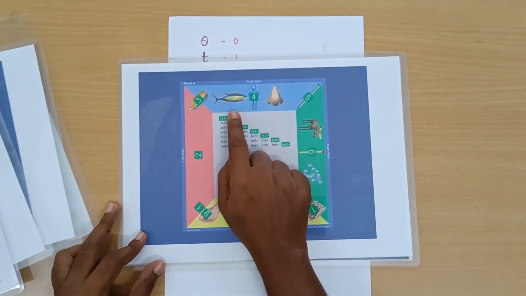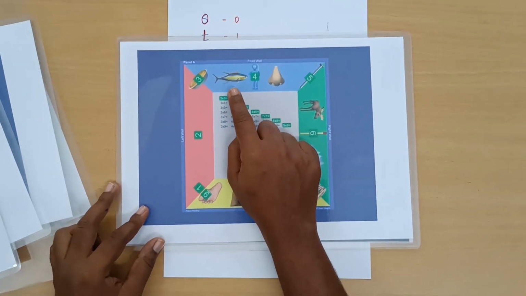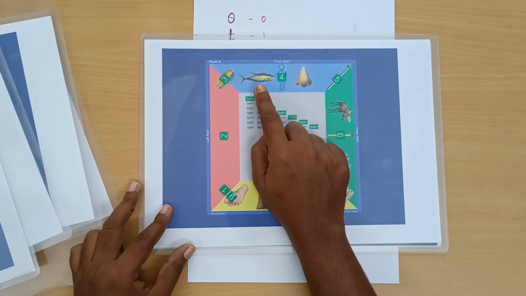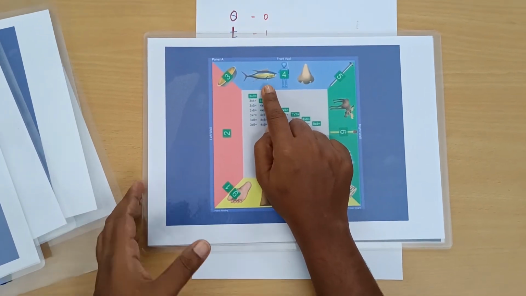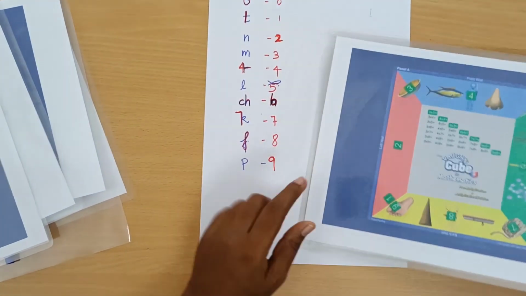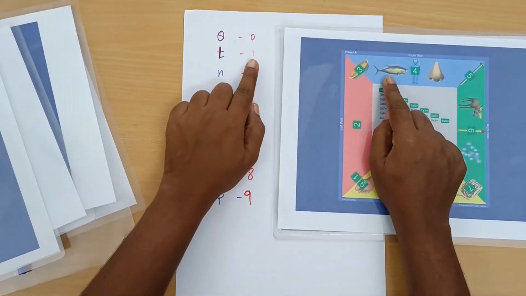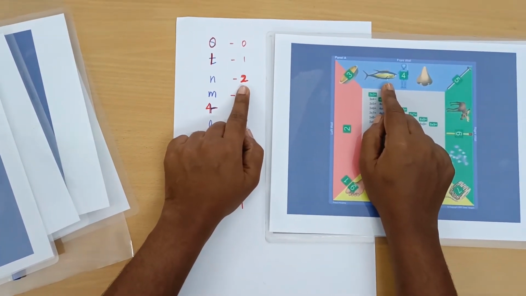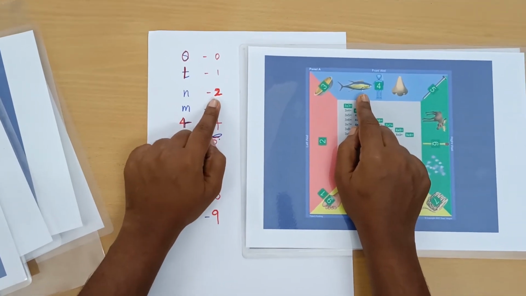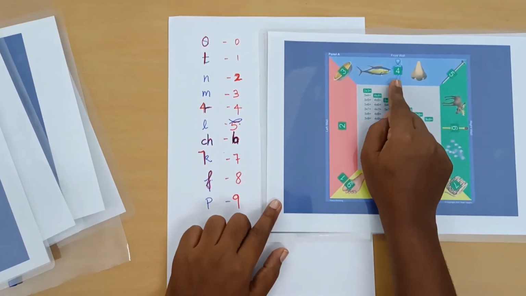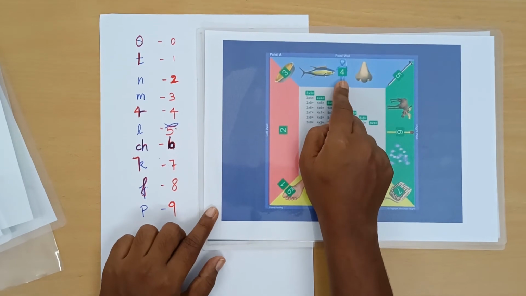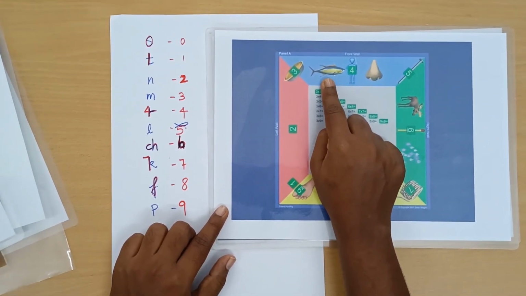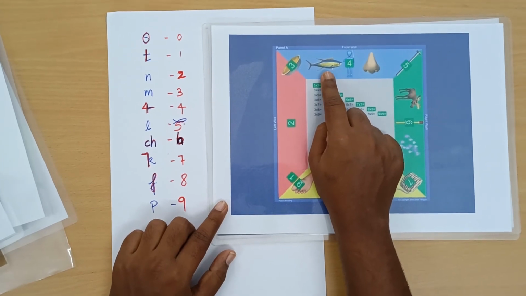So now when we map the sound and the number, for example, if it is tuna, the sounds are t and n. So for t, we know that it is 1 and n is 2, so it is 12. 3 times 4 is 12, and 4 times 3 is also 12, because there is the same object here, tuna.